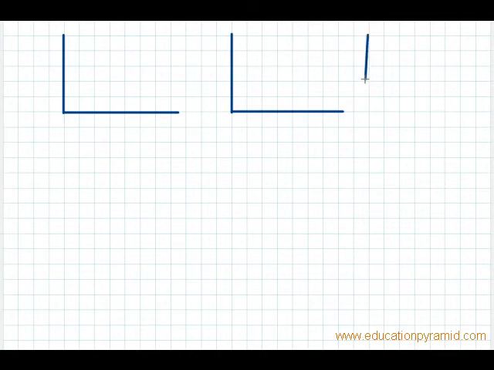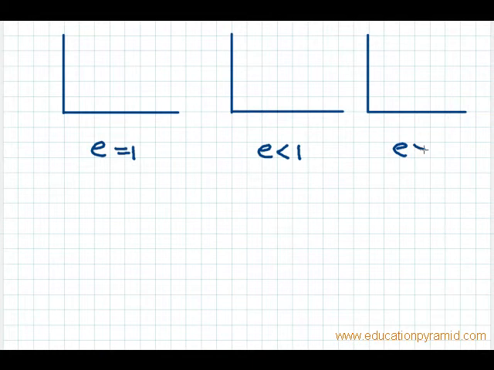In general terms, we can also identify the degrees of elasticity by looking at the shapes of demand curve. Suppose we have 3 types of elasticities. Equal to 1, when elasticity is less than 1, and when elasticity is greater than 1.